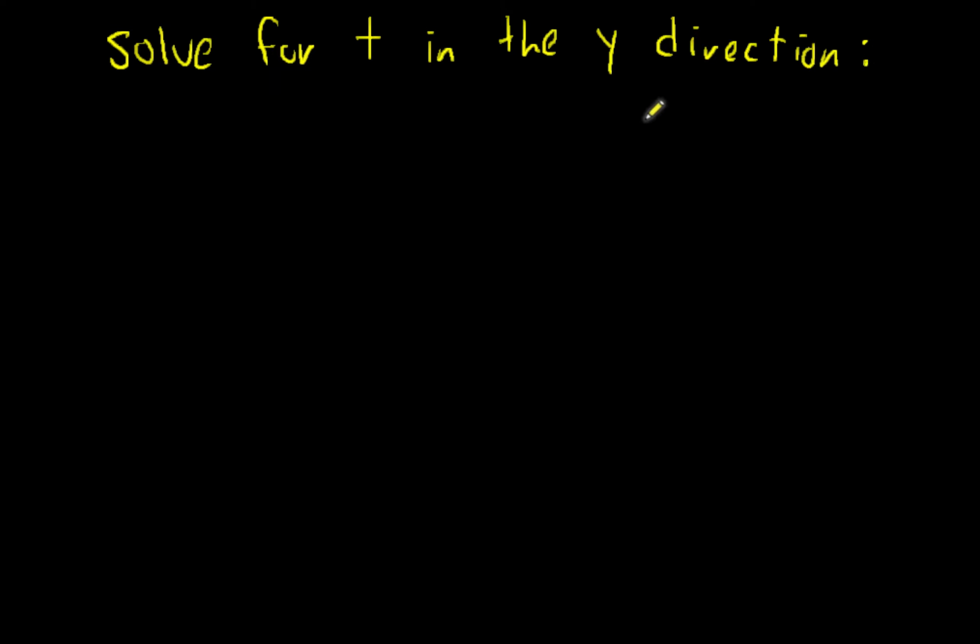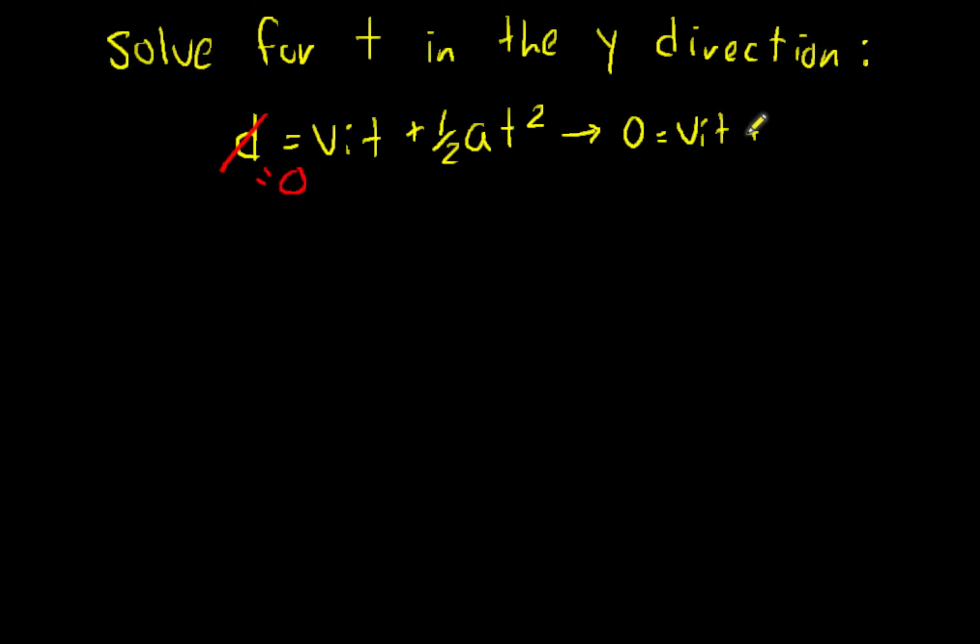With the data that we have in the y direction, the most appropriate formula to use is d equals vit plus 1/2 at squared. Because of the double t and t squared, this formula is normally very hard to solve for t. But since displacement equals 0, we're going to put that in right away and get 0 equals vit plus 1/2 at squared. Now, we can divide each term by t to make it easier to solve.